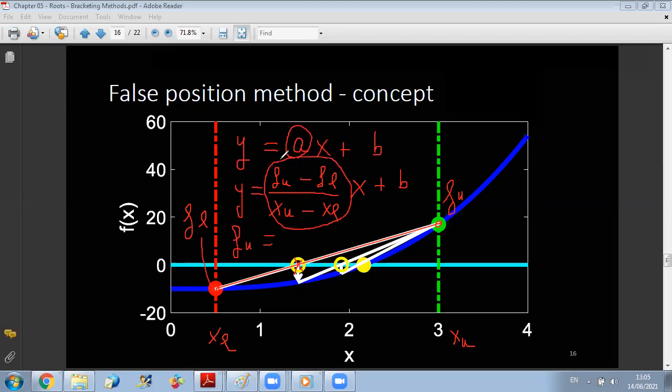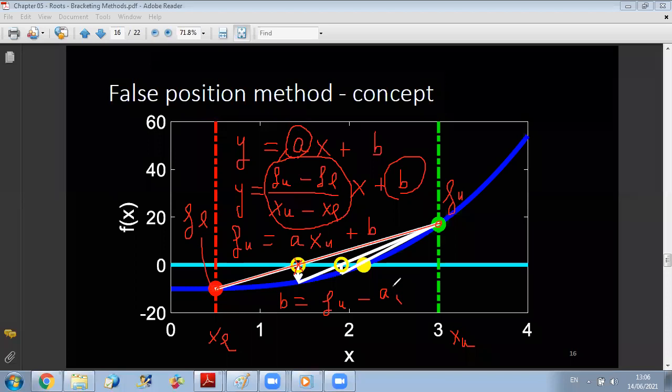So f upper should be equal to small a times x upper plus b. So now I can deduce the value of this constant b: b is equal to f upper minus a times x upper.